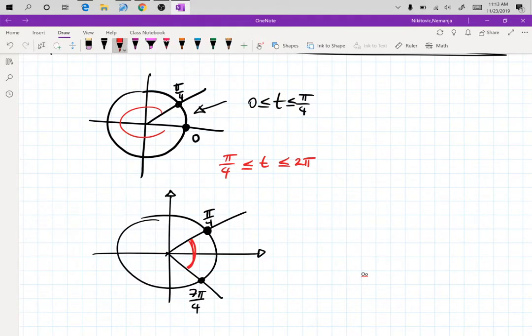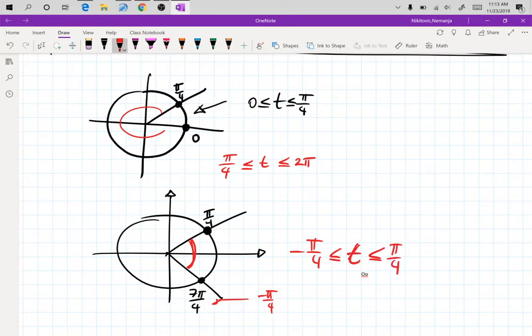Because you are crossing 2 pi, and you can't use 4 pi over 4 to 7 pi over 4, because that is this piece, right? Well, the key is to know reference angles and understand that at the same point here you have negative pi over 4. So this is negative pi over 4 less than or equal to t less than or equal to pi over 4.